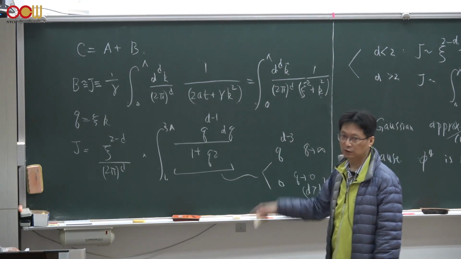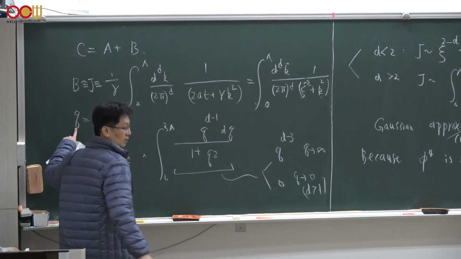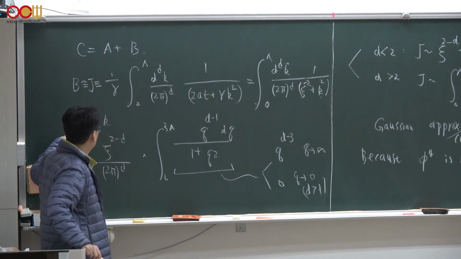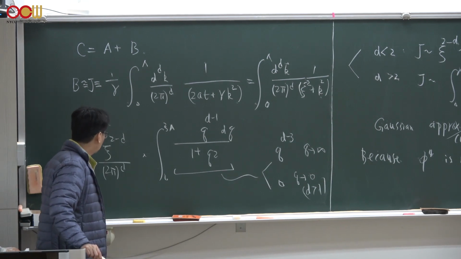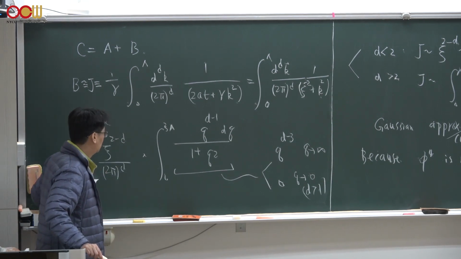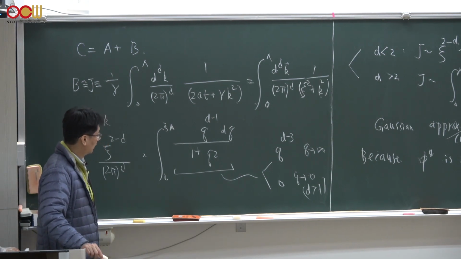Again, we rescale this variable k by defining this dimensionless variable q, which is the correlation length times this momentum variable k, and we could rewrite this integral j and do the power counting once again.